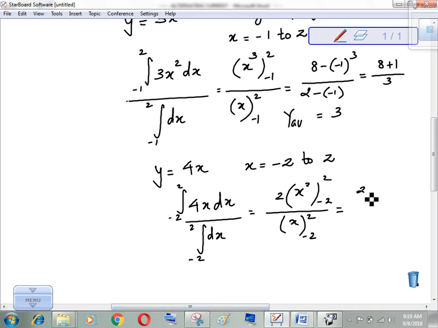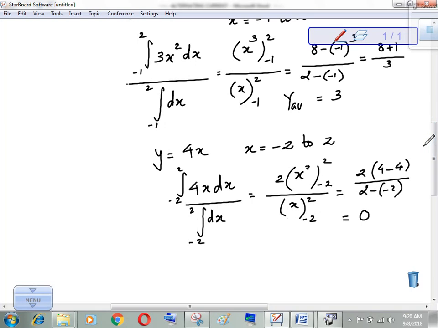So 2 square will be 4 minus of 2 square will also be 4. So the average value of y is 0. Average value of y is coming out 0 in this particular range of x. This is how we find average value of a continuous function.